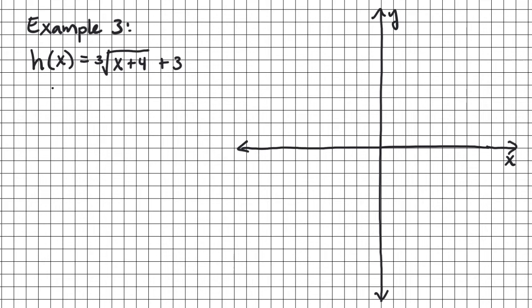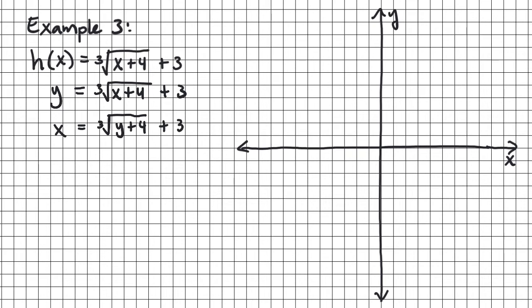So I'm going to switch the h of x to a y. Copy everything else like what we did last class. Then switch the x and the y. And then solve for y.